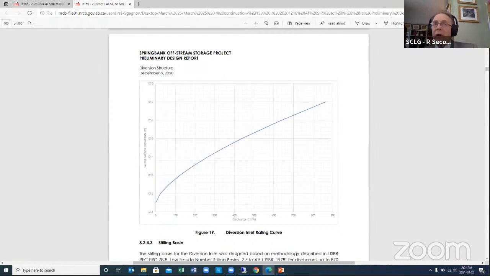And how is it measured? In other words, how is the measurement taken and communicated to the eventual operator of the facility? Sure. So we're going to have multiple locations for water surface measurement for the project.